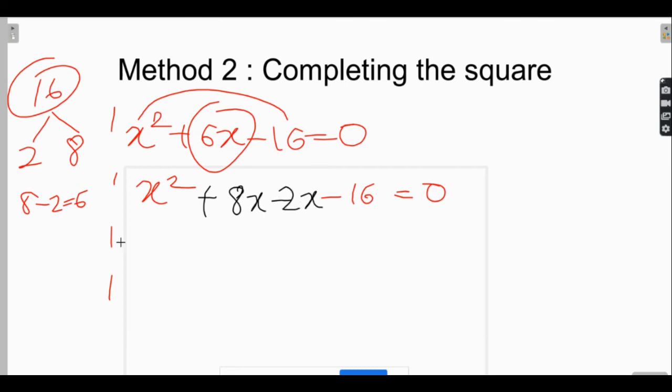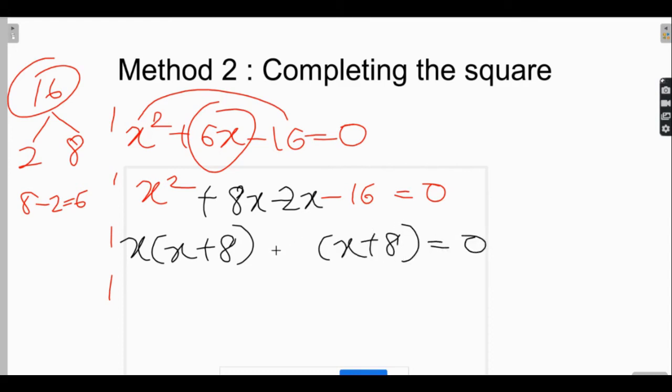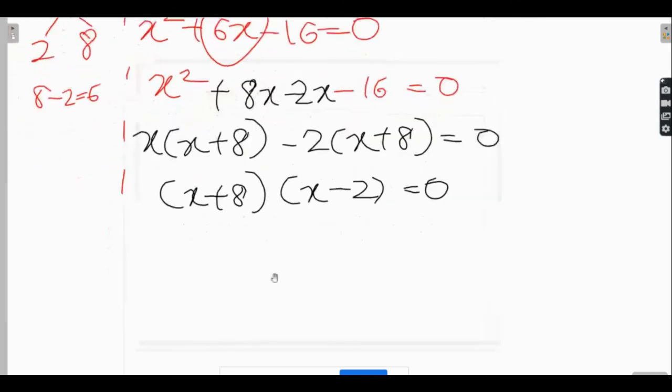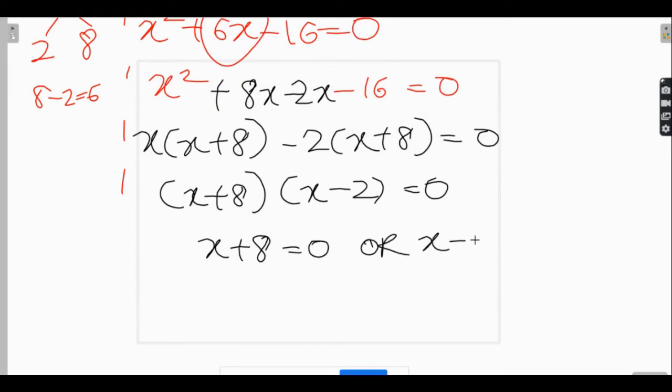Correct? Now again, find common from this. The repeated bracket only once. Then equate with 0. So x is equal to minus 8 or x is equal to 2. This is your method 1, which was factorization.